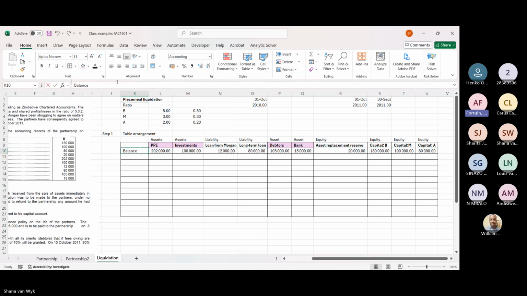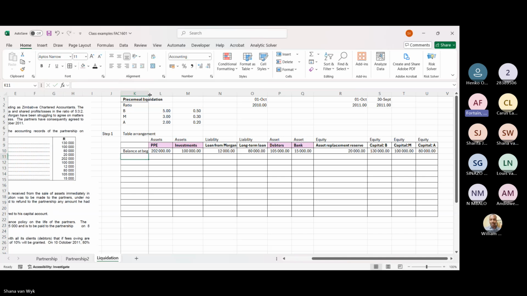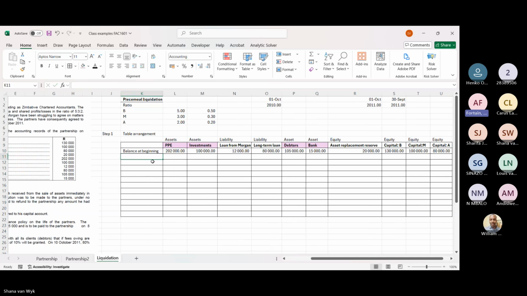Then let's add up all the assets, which was your 202 and your 105,000 and your 100,000, right? And then we include bank? No, don't include bank, keep it separate for the time being.